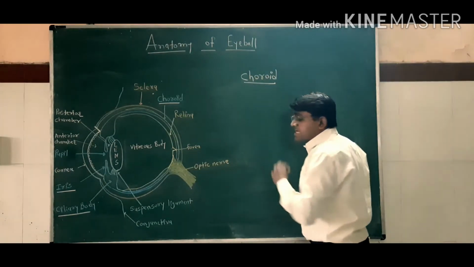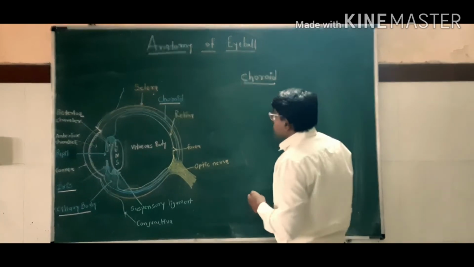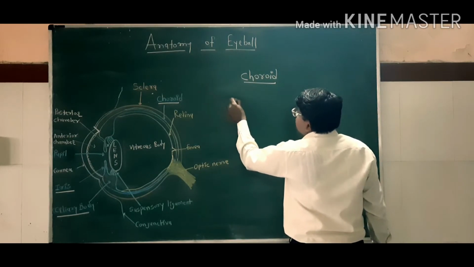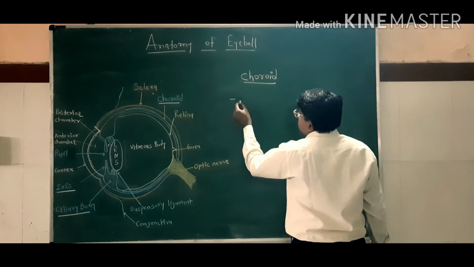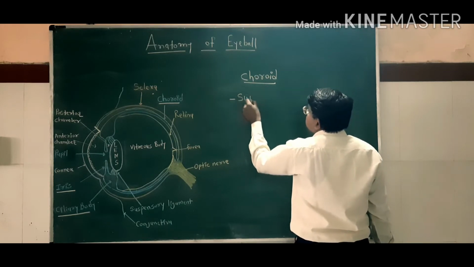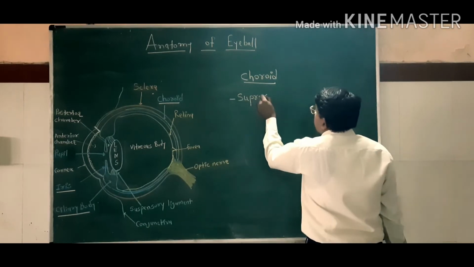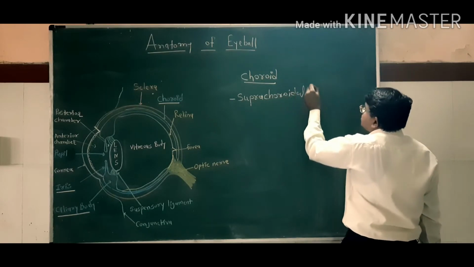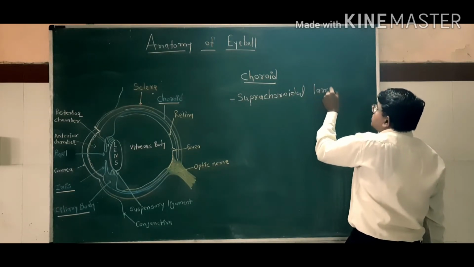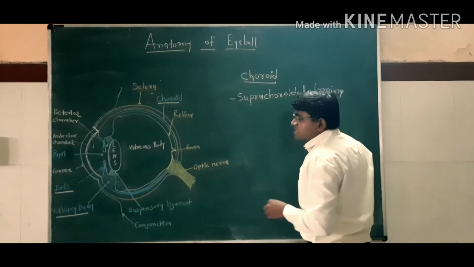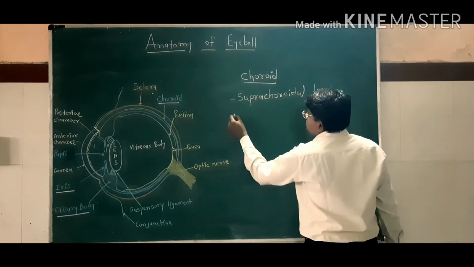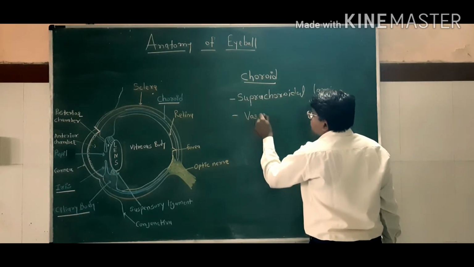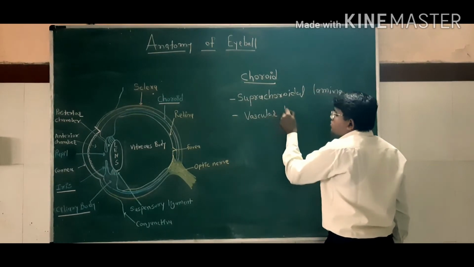So which are the layers of the choroid? The choroid has different layers. On the most outer side there is the suprachoroidal lamina. Then after that, the vascular lamina.